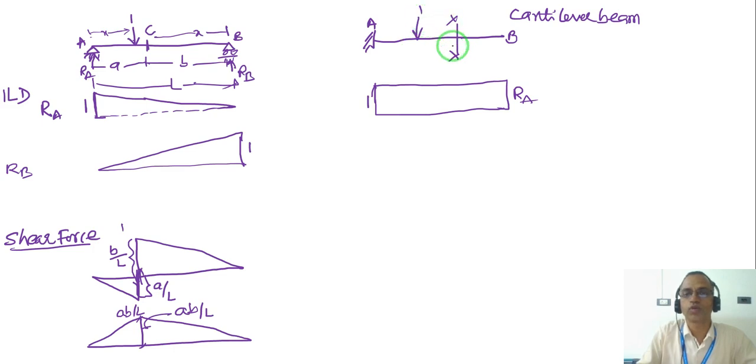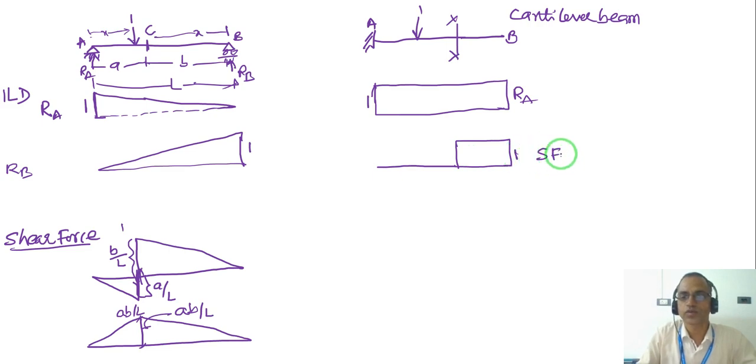When the unit load moves from X to B, then we have a shear force quantity. So this will be the shear force quantity for the beam at section X.